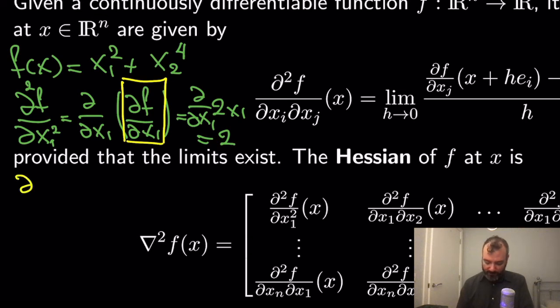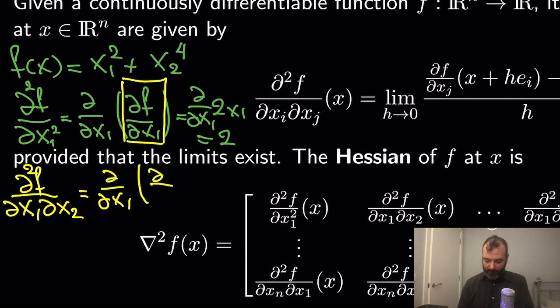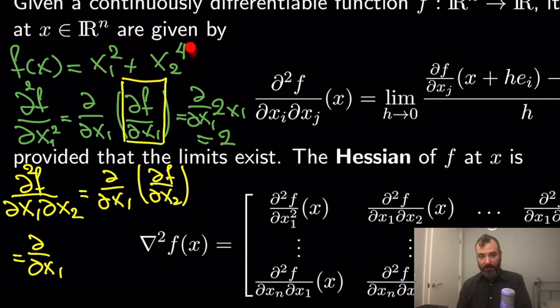What is the second derivative of f with respect to x2 and then x1? This is the derivative with respect to x1 of the derivative with respect to x2 of f. Now I want you to differentiate this function with respect to x2 and ignore x1. x1 is a constant.